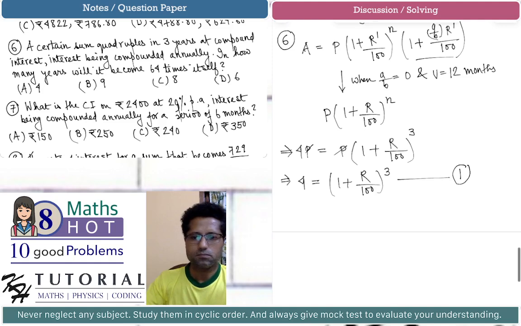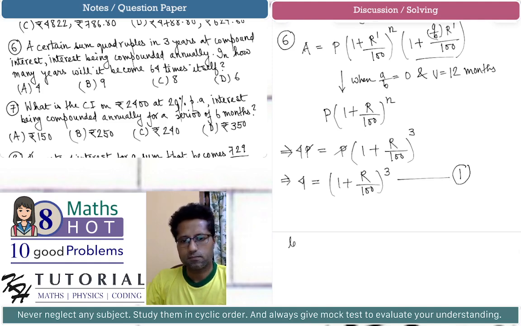So let in t years the sum become 64 times itself.